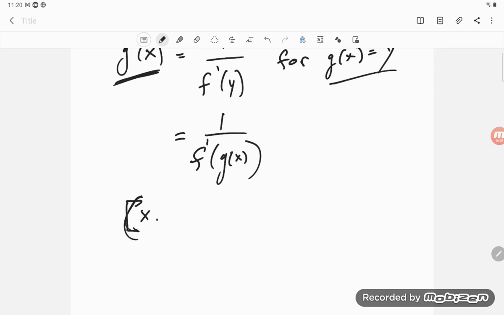All right, so I think of a function like this, f of x, and another function like this, g of x.